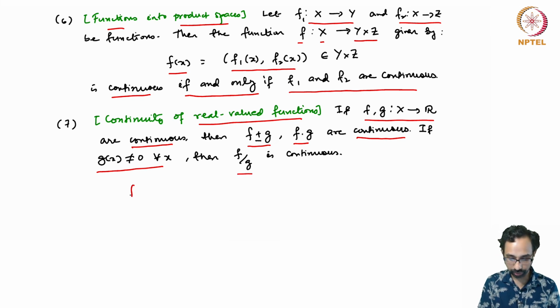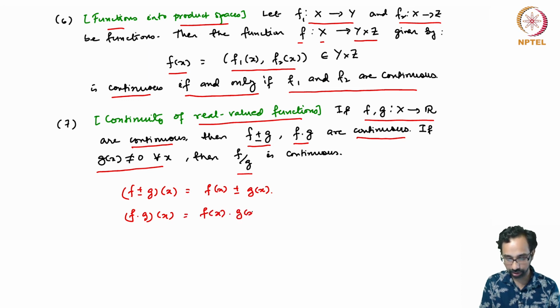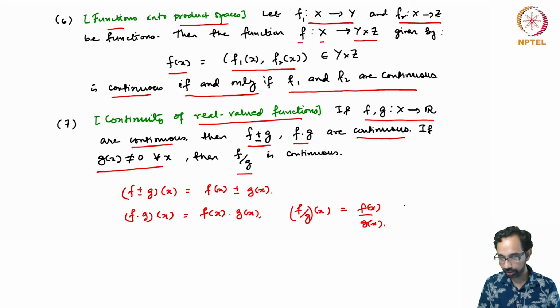So here, what are these functions? (f plus minus g) applied at a point x is nothing but f(x) plus minus g(x). Similarly, (f times g)(x) is nothing but f(x) times g(x), and similarly (f by g)(x) is nothing but f(x) by g(x), and this is only defined when g(x) is never 0.